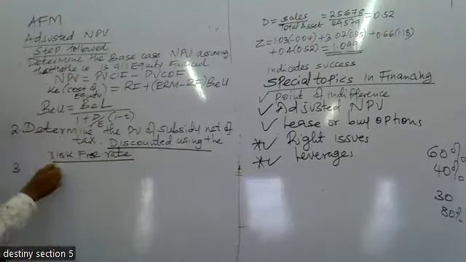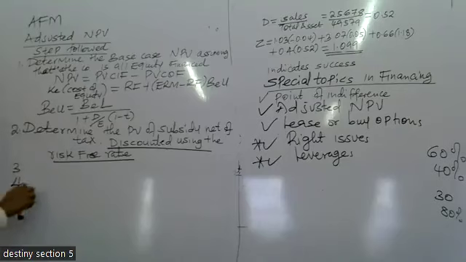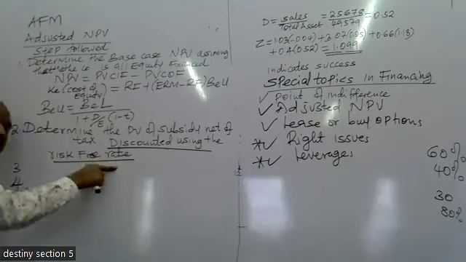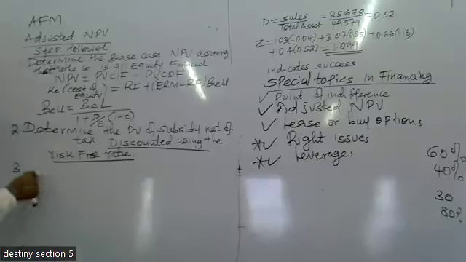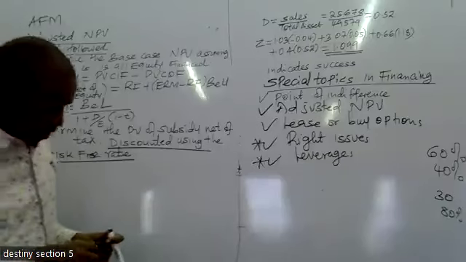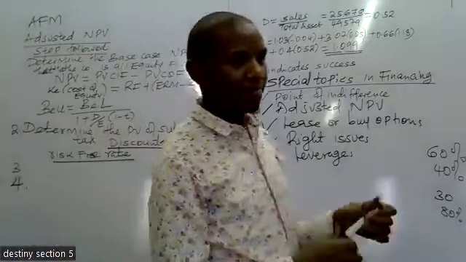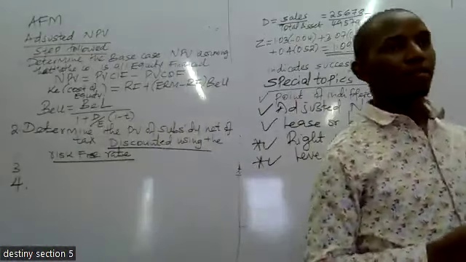This one you also say discounted at the risk-free rate. And I'm hoping you have indicated that, the present value of interest tax shield is discounted at the risk-free rate.